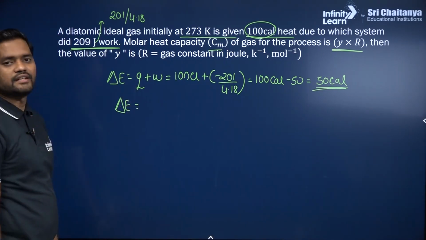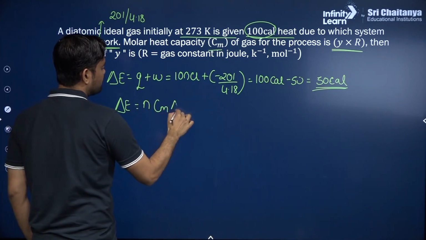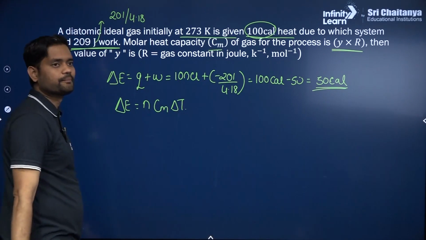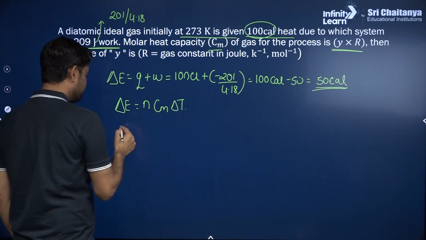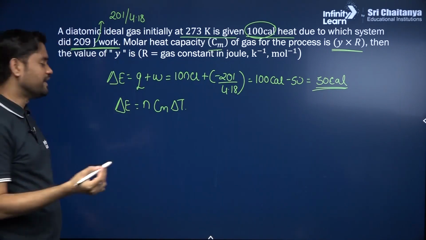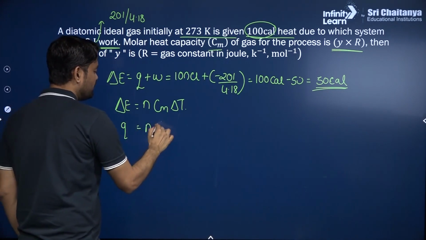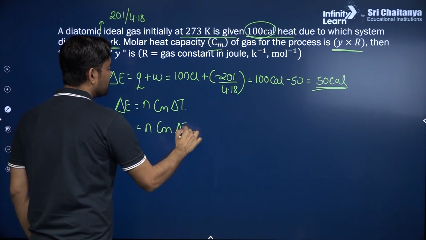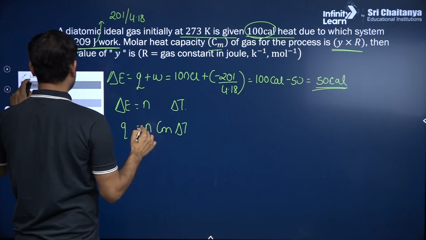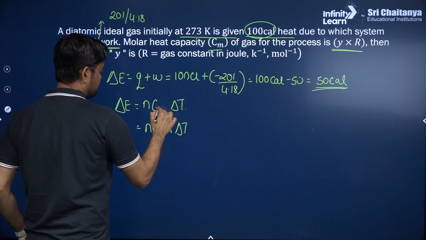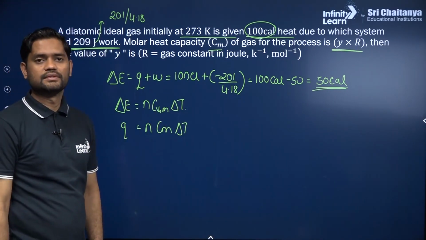So change in internal energy is nothing but n molar heat capacity times delta T. And then the heat supplied Q is equal to n Cm delta T. This is actually Cv, at constant volume. Clear?